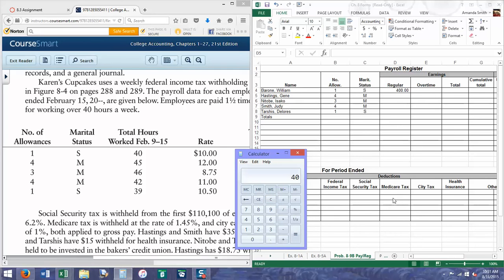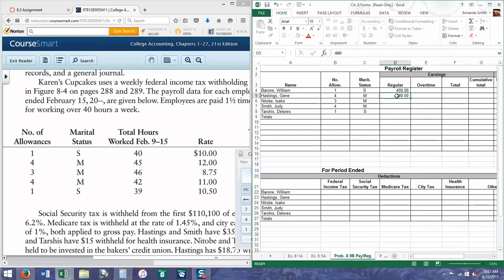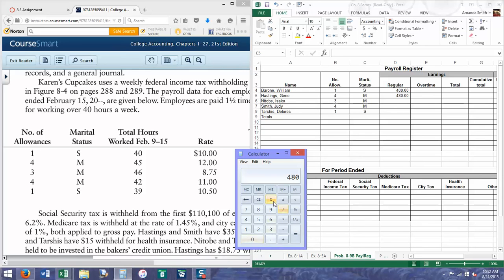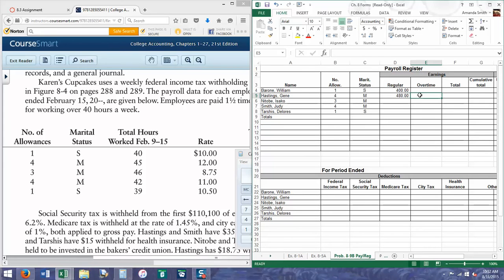So we're going to take our 40 hours times $12, gives us regular earnings of $480. He worked 5 hours over, and they get paid 1.5 times. So let's take 12 times 1.5, gives us $18 an hour, times 5 hours, gives us overtime earnings of $90.